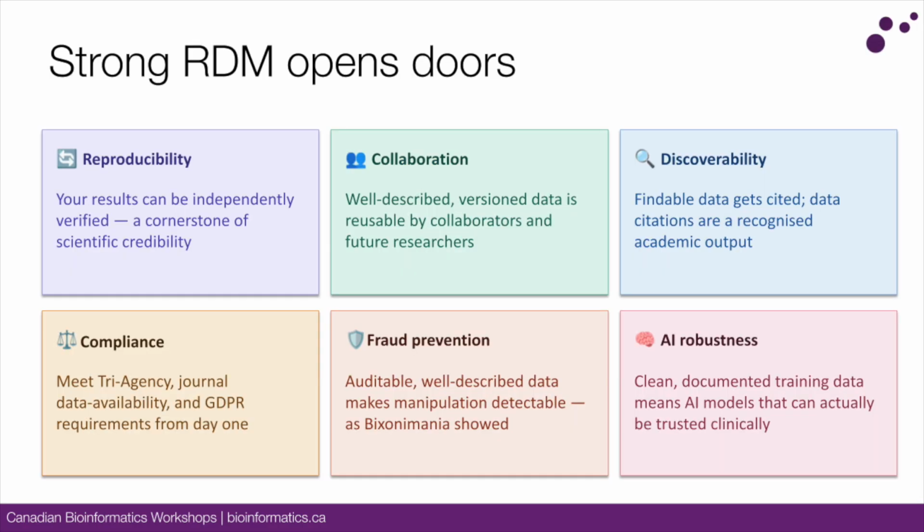If you're able to hit those points in your research data management plan that you will submit as part of your funding proposal, you can really think about the opportunities that arise. Your results are reproducible, which means I can use the data set that you produce and feed it into my own research. We can work together, which is always a good thing, in particular nowadays where science is rarely a one-person job. We can find data.